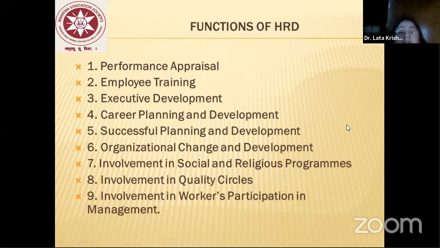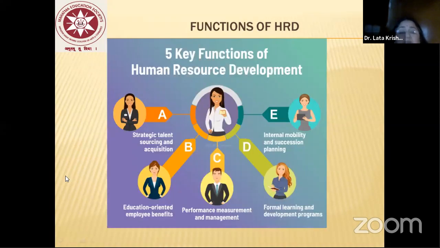And whether your company is providing that career path becomes the responsibility of human resource development. So helping an employee plan careers and developing them to move on that path becomes the responsibility of the human resource development function. Successful planning and development of the organization.